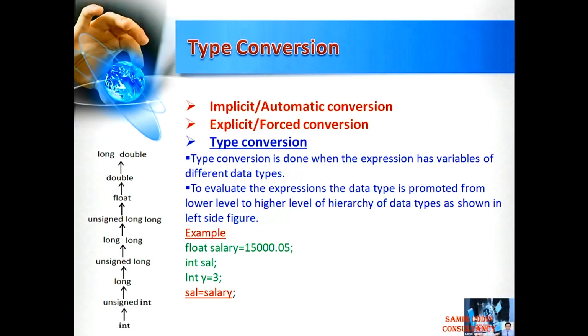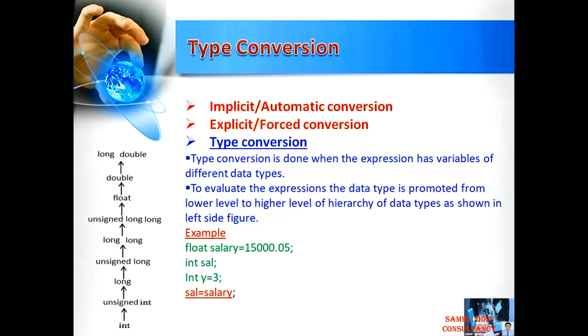Next, type conversion. There are two types of type conversion in C programming: first is implicit or automatic conversion, and next is explicit or forced conversion. Type conversion is performed automatically when the same expression has variables of different data types.